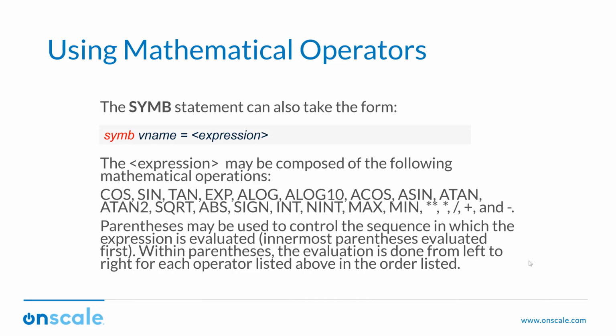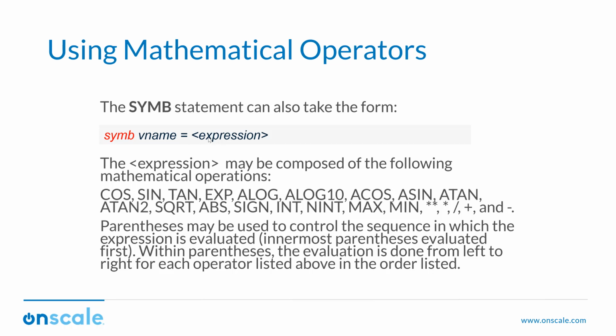Know that when you define a variable, you can also use mathematical operators. So you could write the name of your variable equal and use a certain expression. And this expression can be any of the following mathematical operators. It can be cosinus, sinus, tangent, exponential, logarithm, or absolute, SQRT for the square root, mean, maximum, all of that can be used.